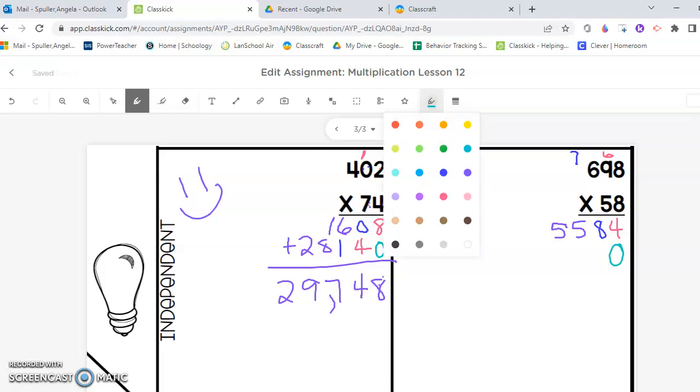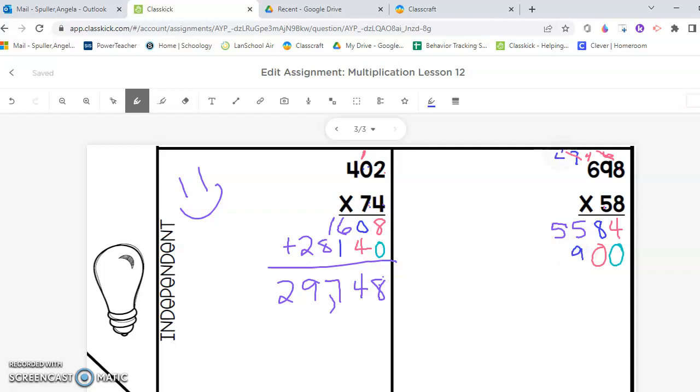Good job. And here we go. 5. Get rid of what we've already used. 5 times 8 is 40. Carry the 4. 5 times 9 is 45 plus 4 is 49. Carry the 4. And 5 times 6 is 30 plus 4 is 34.